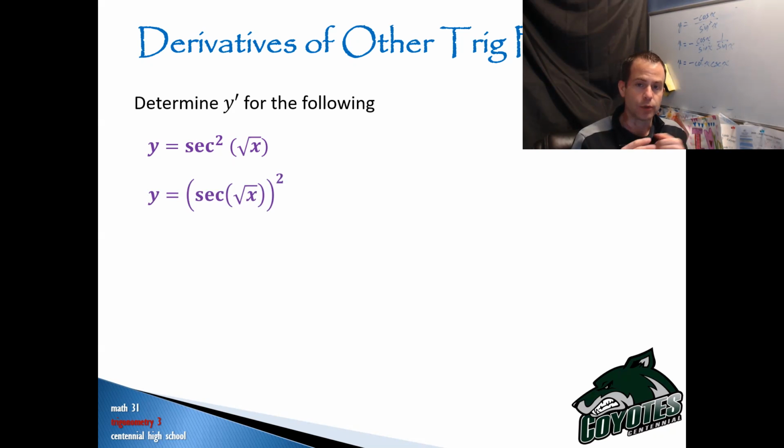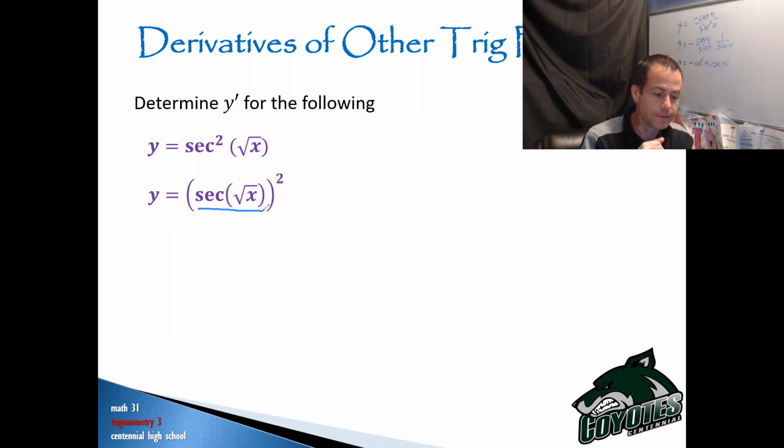Now what kicks in here is the chain rule. The 2 comes to the front, and then I drop a degree, so that's 2 times secant of root x to the 1, essentially. Then I have to take the derivative of the inside function. Currently, the inside function I'm looking at is secant of something.